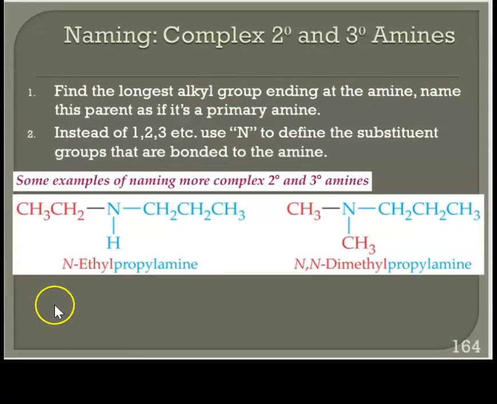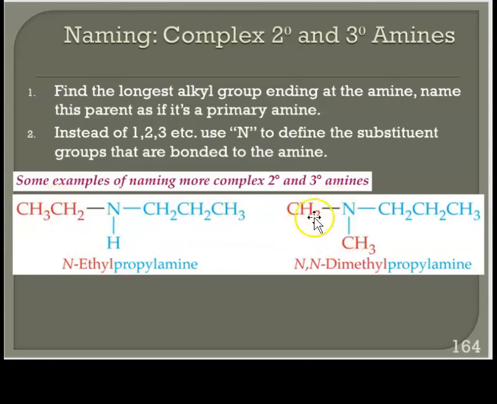Otherwise, once we get to more complicated things that have different chains on both sides, we start naming this instead of numbering the chain as 1, 2, 3, 4, 5. We just tell people what is coming off the nitrogen. So there's an ethyl group off the nitrogen, so N-ethyl propylamine. So we just say this is the substituent and this is the main chain.